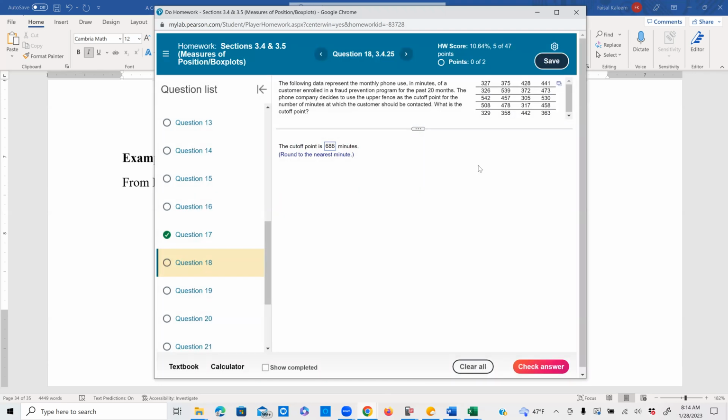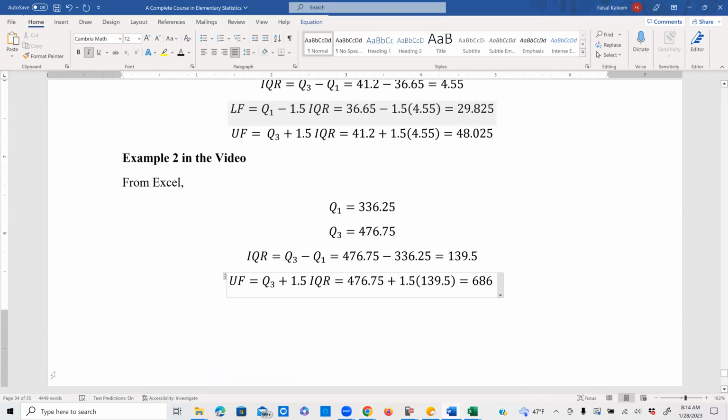Let's see. Where did we go wrong? So 476.75 minus 336.25 is 140.5, not 139.5.